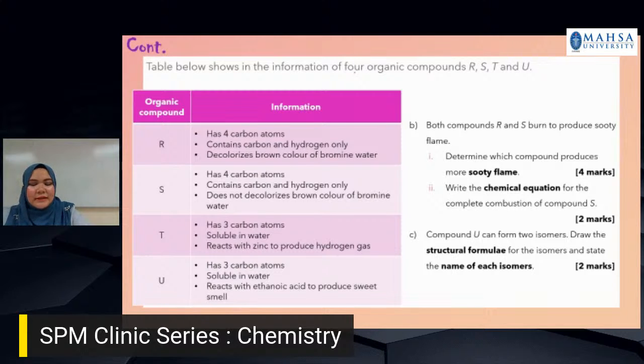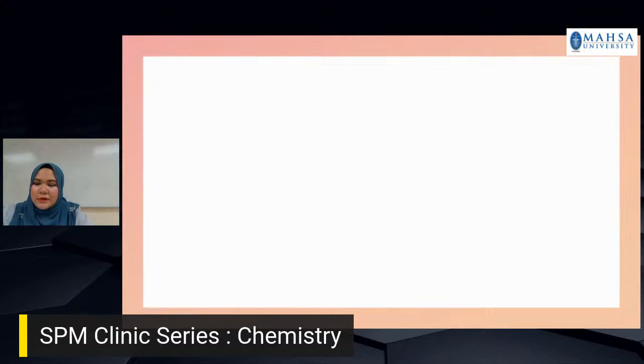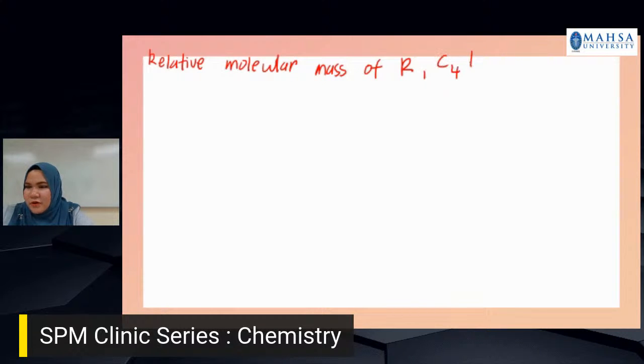Okay, so how to find the percentage? Because you need to find the percentage, it will be relative. We need to find the relative molecular mass of R, which is C4H8. What is the formula?